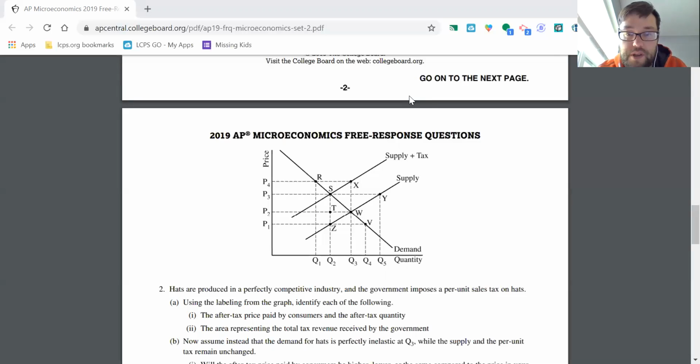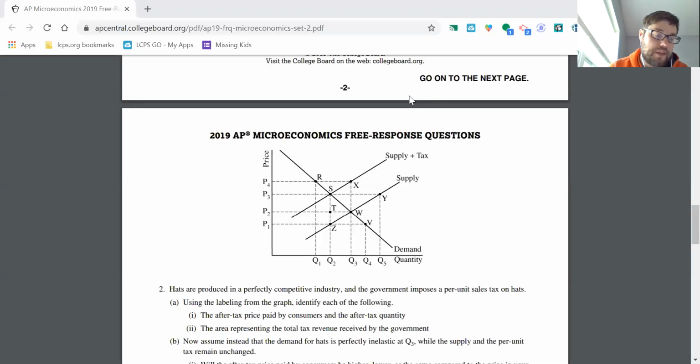Even if we move this curve down somewhat, the intersection would be lower. Let's just say it's at P3 here. So the price that consumers pay after the tax is now lower. But the producer surplus, the amount that they receive, is still down at this point W. So the producer surplus has not changed.